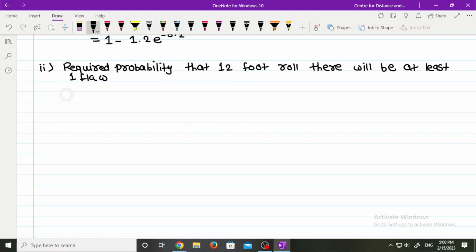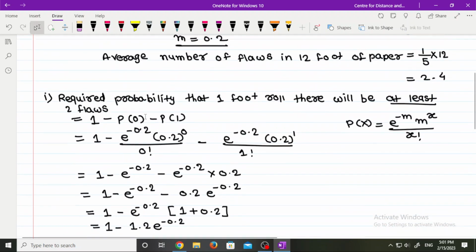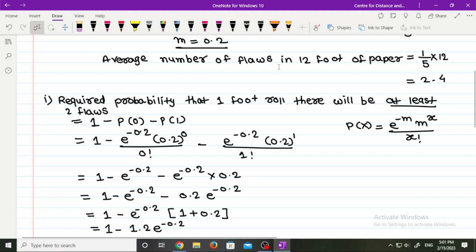So here we have to calculate 1 minus p of 0, that is x is equal to 0, 1 minus e raised to minus m, m raised to x divided by x factorial. But for this here we have the average, that is the mean, for 12-foot is 2.4.